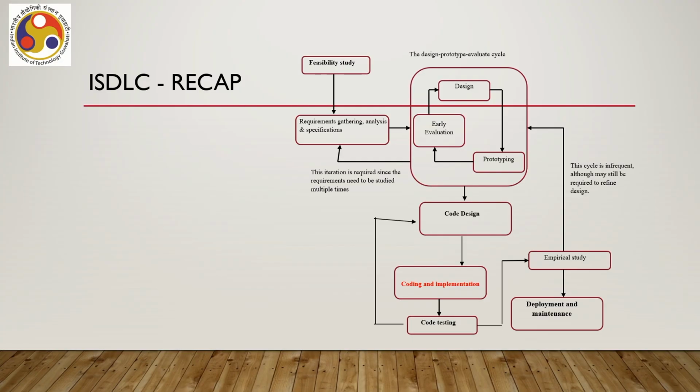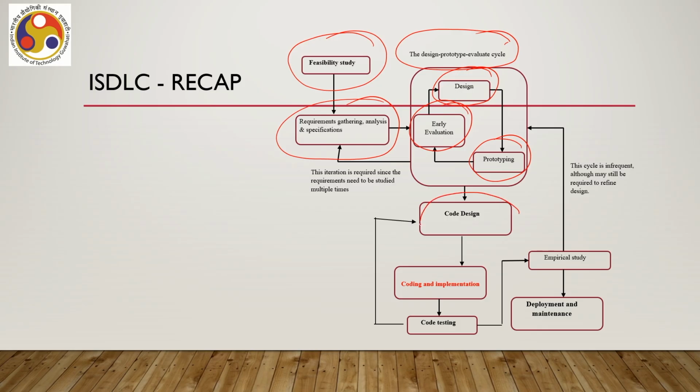At this stage, it will be pertinent to recollect the interactive system development life cycle, which we have talked about earlier in details, comprising of several stages starting with feasibility study, then requirement gathering and specification, then this design, prototype, evaluate cycle comprising of the design stage, prototyping stage and evaluation stage.